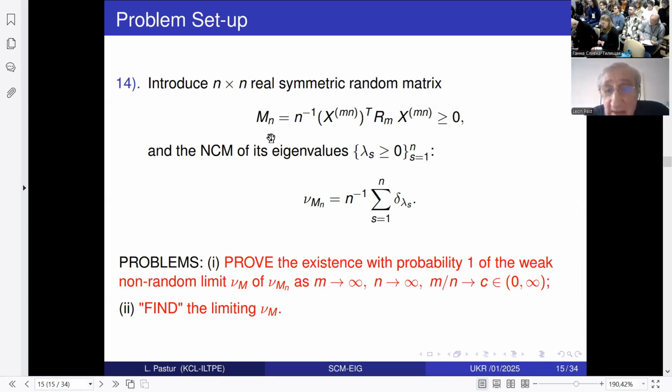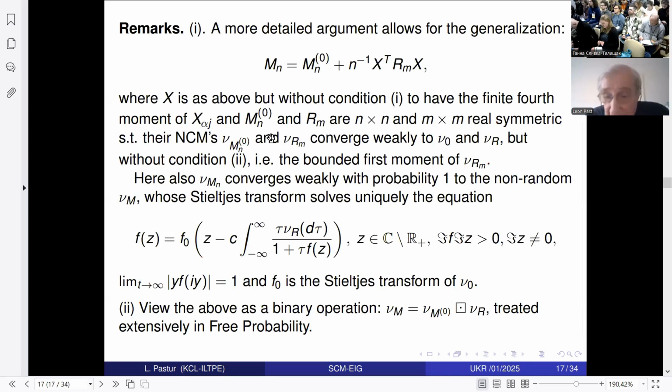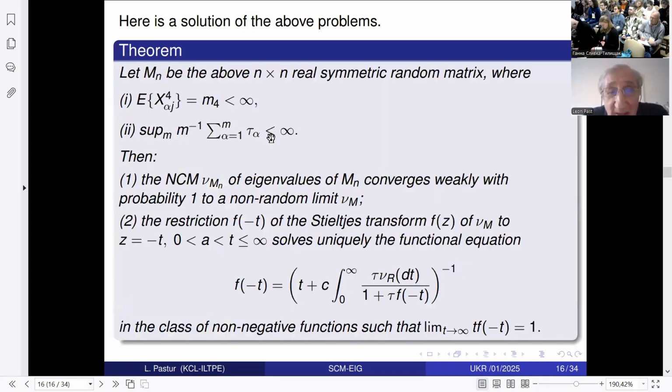Now, under these conditions, I would like to solve the problems that I mentioned in red on the previous slide. I would like to prove that the eigenvalue counting function converges with probability 1 to a certain non-random limit, which is also a probability measure with total mass 1. As a characterization of the limit, I would like to prove that if I pass from the measure to its Stieltjes transform, then it solves this functional equation.